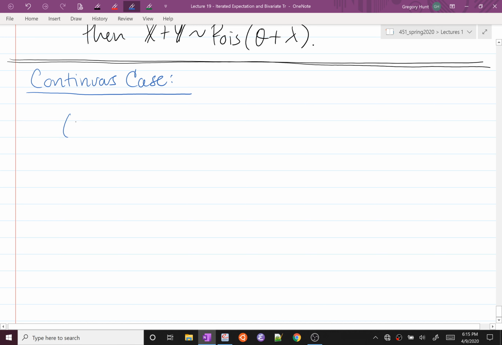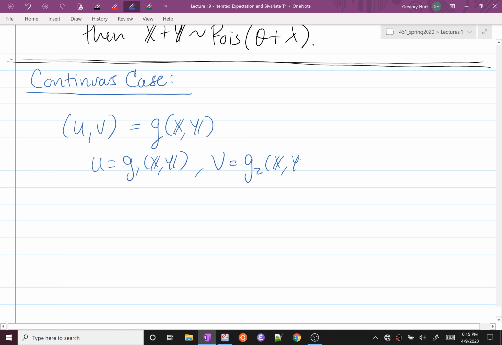So (u, v) is some function g of (x, y), so that u is g1 of (x, y), v is g2 of (x, y). And first of all, we need to assume that x and y are continuous random variables.